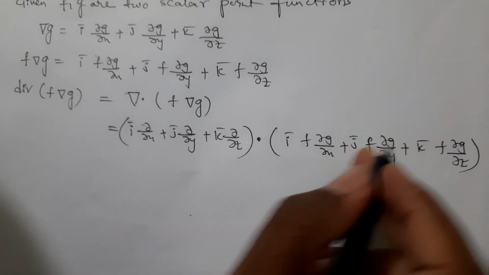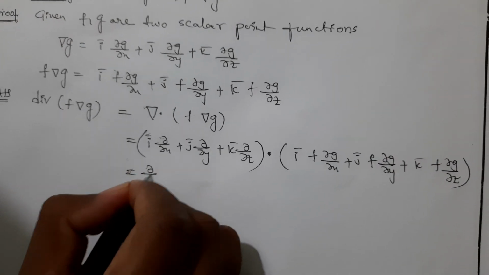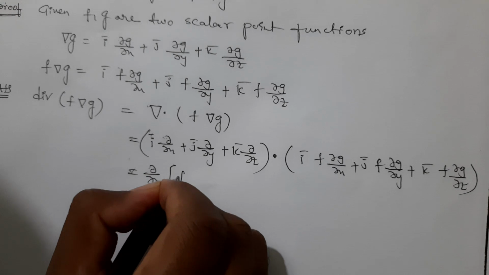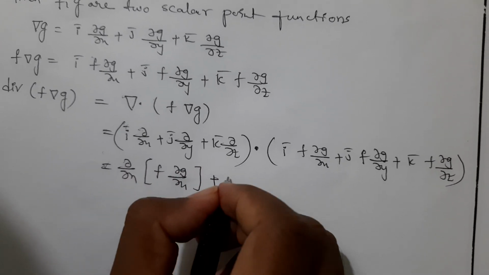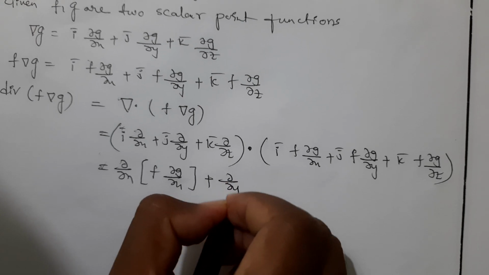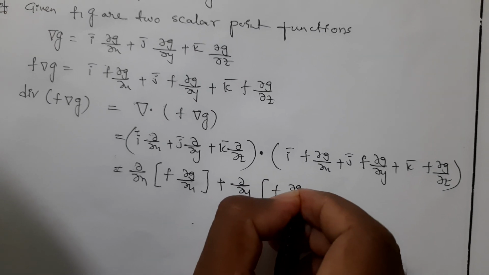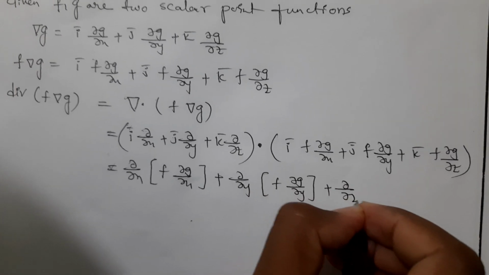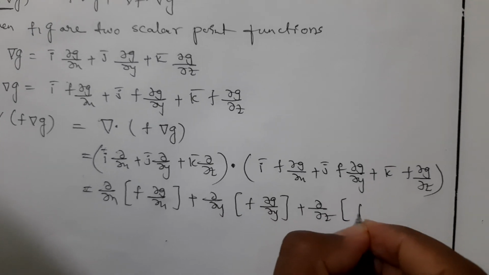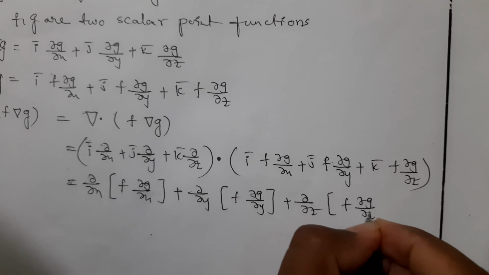Apply the vector dot product. i dot i is 1. We get dou by dou x of f into dou g by dou x. Next j bar dot j bar is 1. Dou by dou y of f into dou g by dou y plus dou by dou z of f into dou g by dou z.